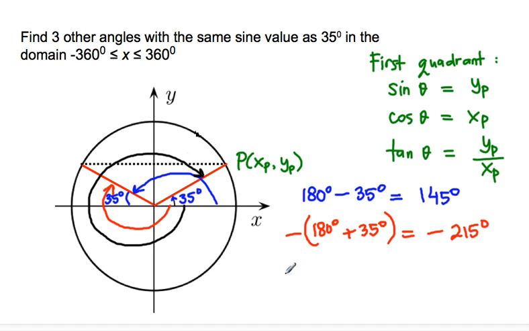And remember, since we go in the clockwise direction, it is a negative angle. So the size is negative 360 minus 35 degrees. So the answer will be negative 325 degrees. So in this case, you have found your 3 angles with the same sine value as 35 degrees, and these angles are your answer.